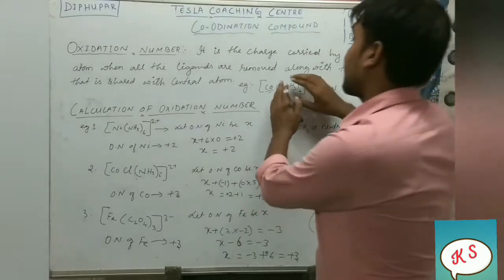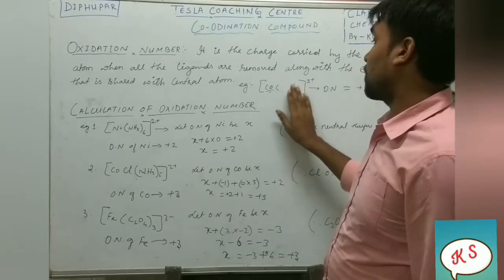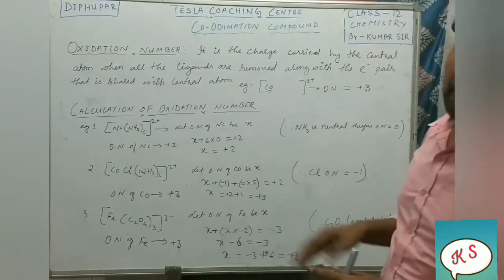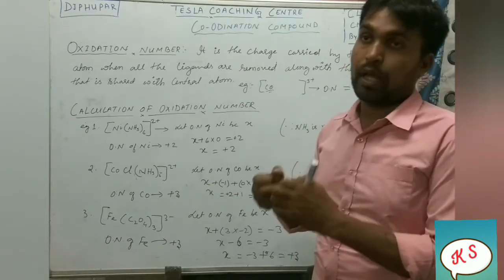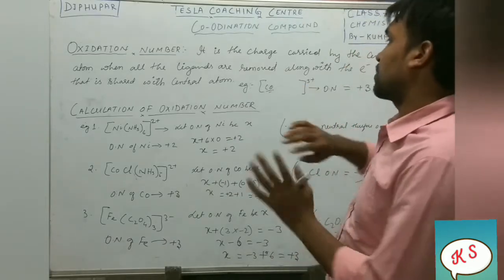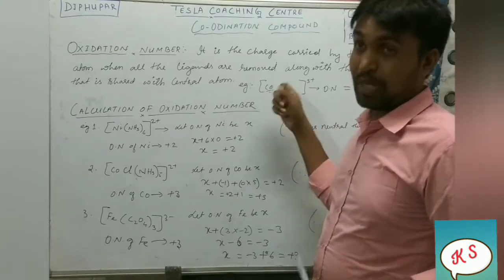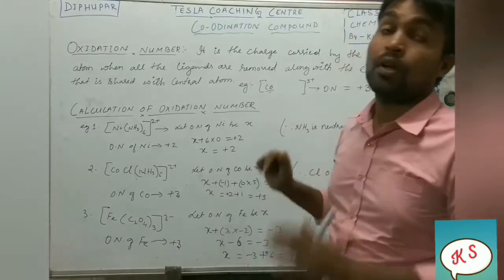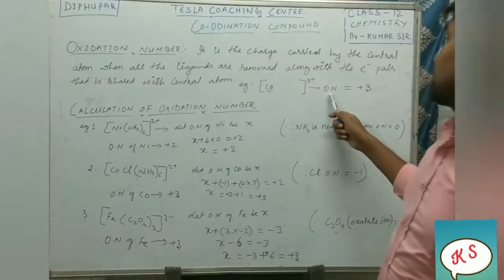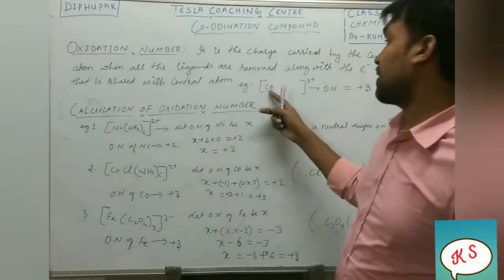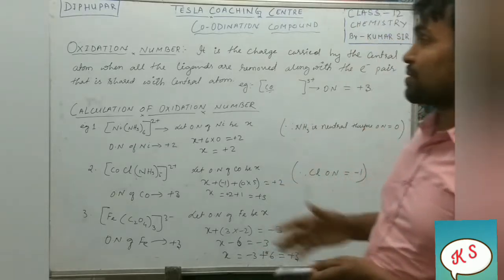So when the 6 NH3 are removed from here, along with the electrons that NH3 is carrying, what charge will be left on this Co? That is called the oxidation number. That means the charge left here will be +3.